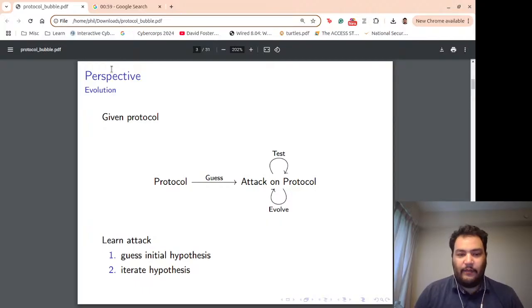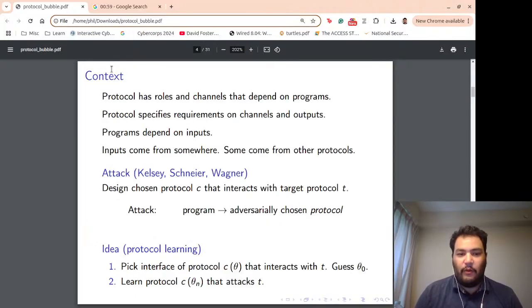So that's the setup. Okay, so what are we working with? When I say a protocol, I mean there's a set of roles and channels for communicating from one role to another, whose implementations are given by programs. And the protocol specifies requirements that it wants to hold on the channels and the outputs of the channels.